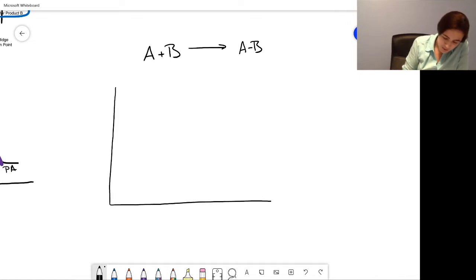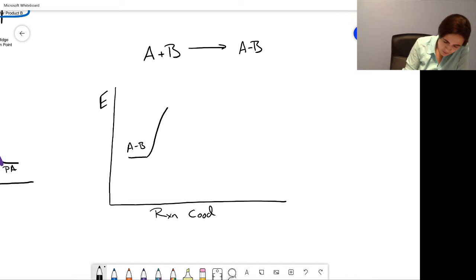We draw this on a potential energy surface. Again, we're good organic chemists, so we label our axes. We would start with A and B, going to AB. And at this point right up here, that we would define as the transition state.